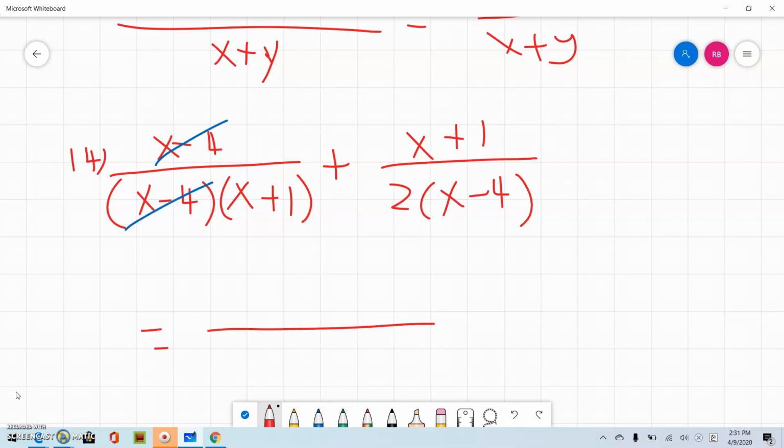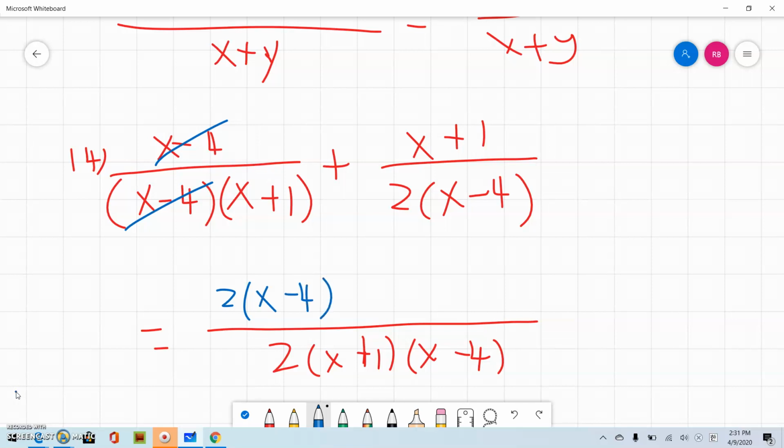Even though it doesn't make much difference, I still have, but maybe it will simplify things. So you can see from the fraction, it's missing 2 and x minus 4 because I canceled out x minus 4. And then from here, it's missing x plus 1, and it already had an x plus 1.